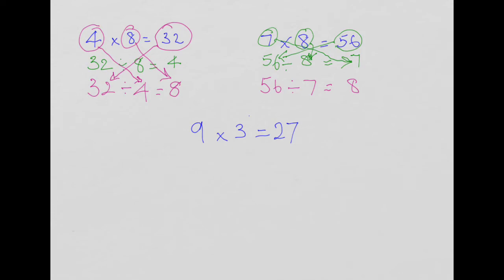So for the green ones, we have 27 divided by 3 equals 9, and 27 divided by 9 equals 3.